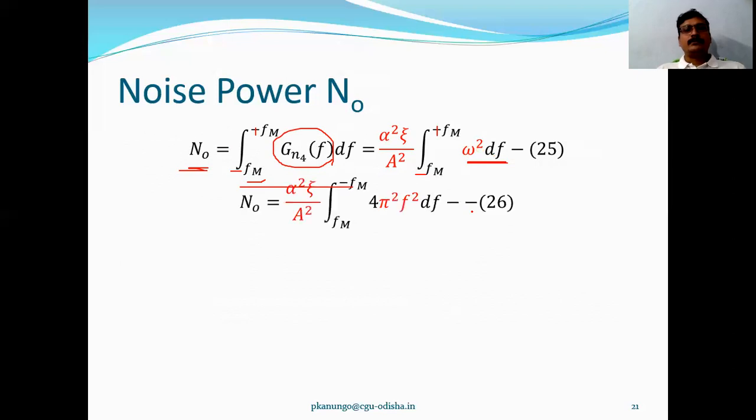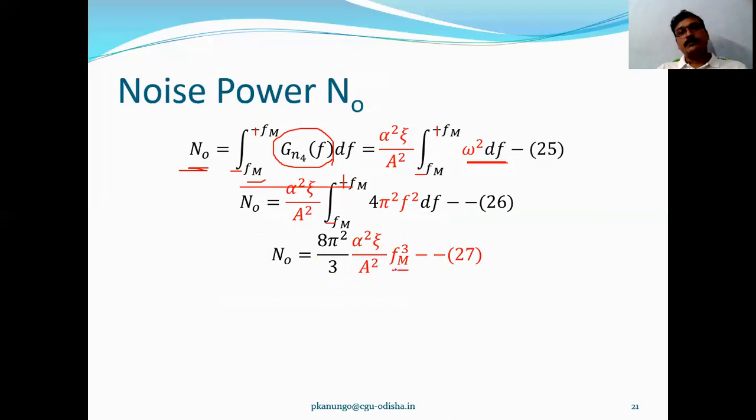Once you calculate this term N0, we can expand omega square as 4 pi square f square df. That total value gives N0 equal to 8 pi square by 3 alpha square zeta A square fm cube. So the noise power has these constants, 8 pi square by 3, alpha square, A square, zeta is the noise part, and there is a frequency.